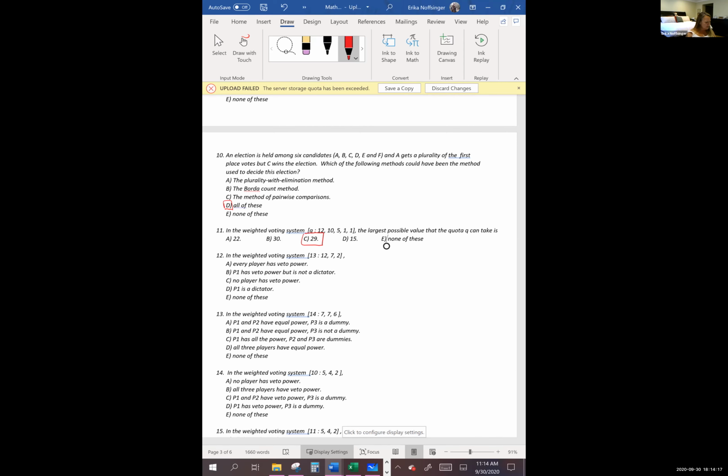Okay, so a dictator is a player whose weight is bigger than or equal to the quota. Looking at that, that does not happen. 12 is not bigger; our quota is 13 in here. So no one is a dictator.